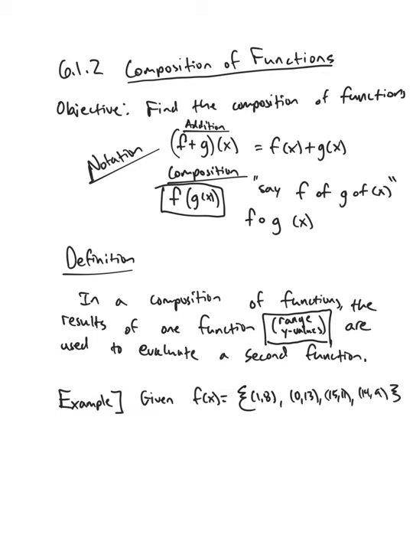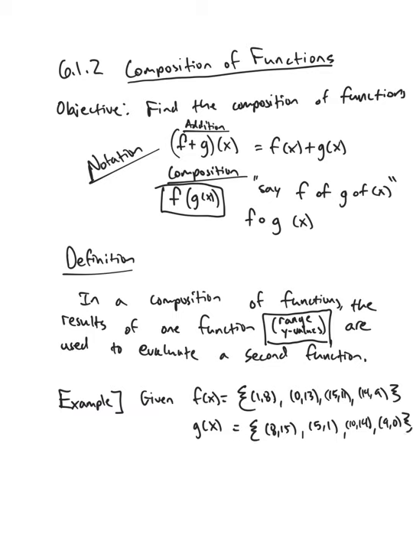Okay, and let's have a second function, g of x, with these ordered pairs: (8, 15), (5, 1), (10, 14), and (9, 0).